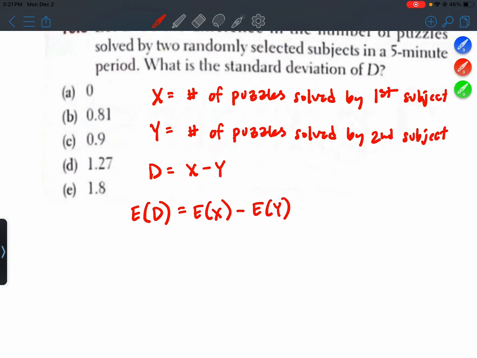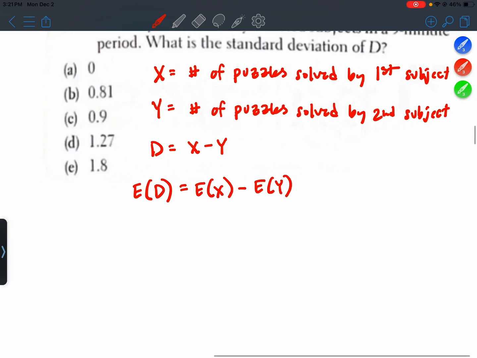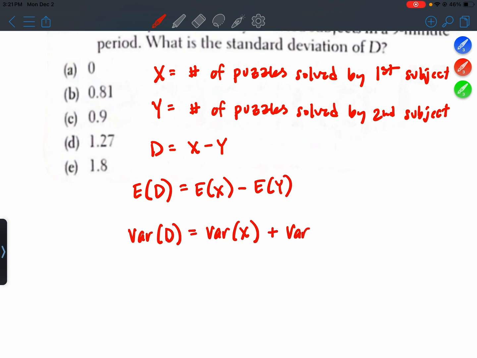There is no direct way of finding the standard deviation of D, but you can find the variance. The variance of a difference is equal to the variance of the first variable plus the variance of the second variable. So we're going to find the variance of D.